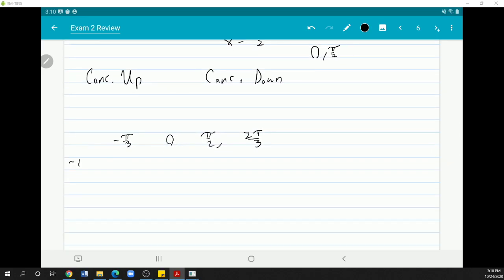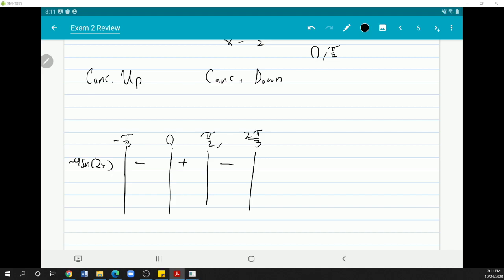There's a minus sign, so minus 4 sine 2x. So if I plug in something bigger than 0, say pi over 4, I'm going to be negative. If I plug in something bigger, say 2 pi over 3, I'm going to be positive. And if I plug in, say, minus pi over 6, I'm going to be positive.